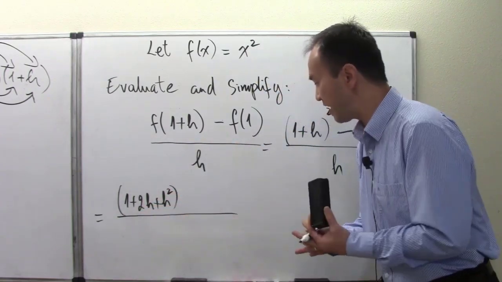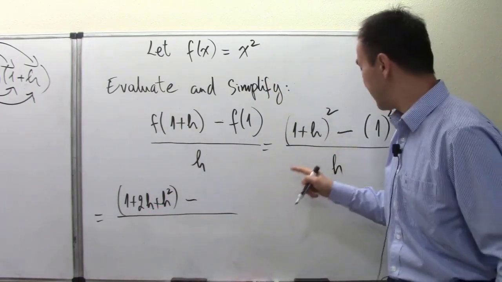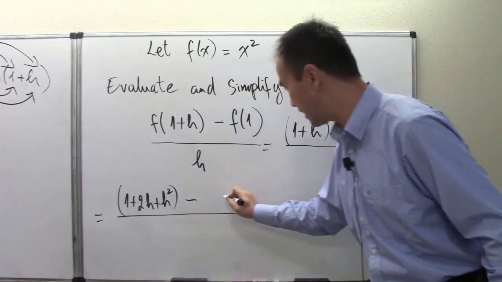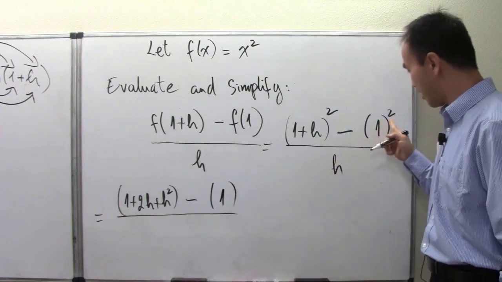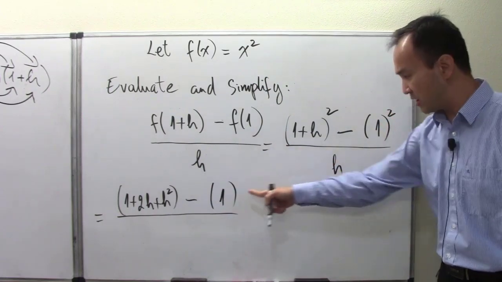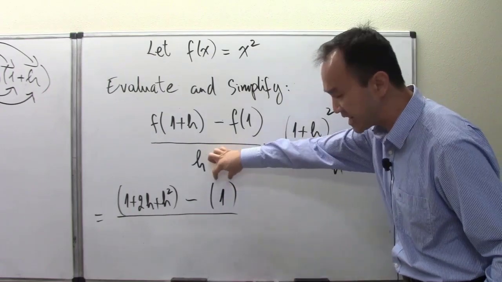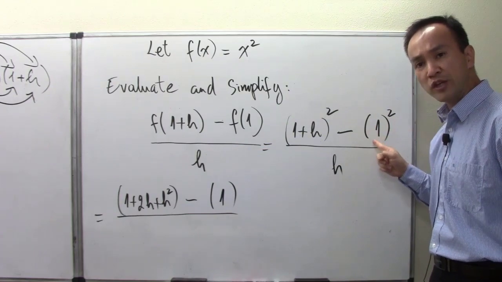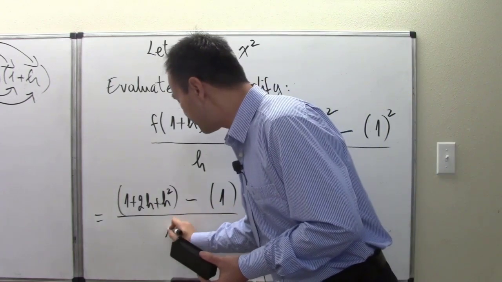After that first group, we still have to go with that minus because of the formula. And now 1 squared is indeed just 1 numerically. So now it's 1. I skipped the square, but really I already squared and it still gave me a 1. I'm still using parentheses here to indicate this is another group that came out as the end result of squaring just that 1. And then we're divided by h.